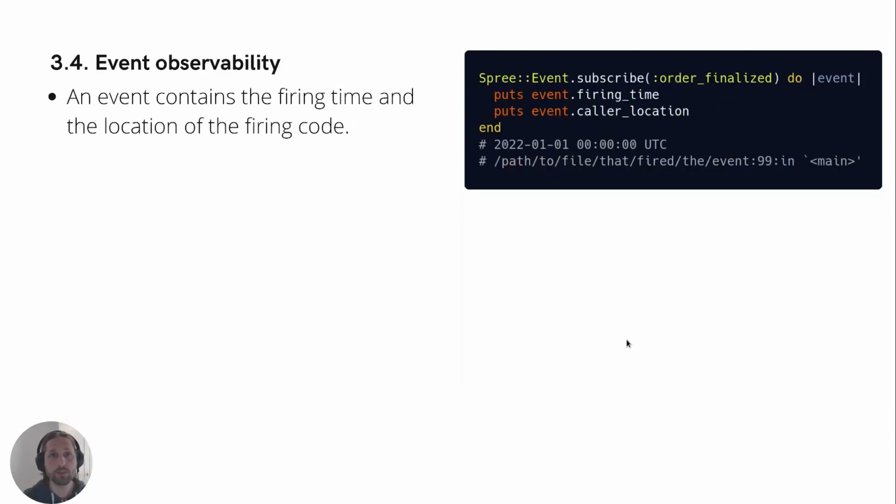To end with the event bus interface, let's talk about the observability facilities. They come in handy when debugging, tracing, logging, or whatever. Besides the payload, an event object gives access to a couple of meta attributes: the event firing time and the event caller location, that's to say its publisher.